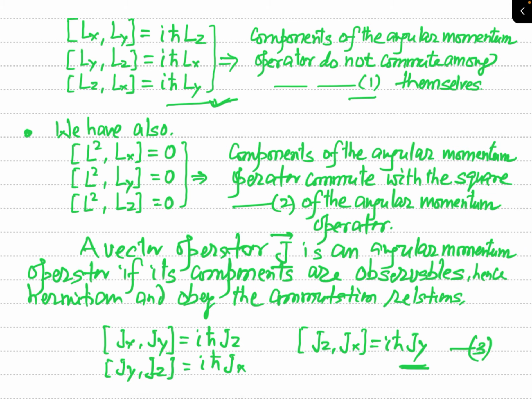Now we can also see such an operator will follow a particular commutation relation. You can see here that if you want to find the vector product of these two operators, J cross J, J cross J.